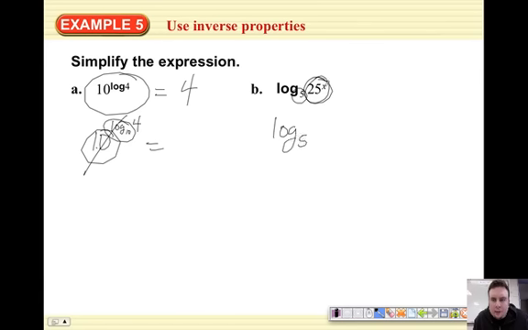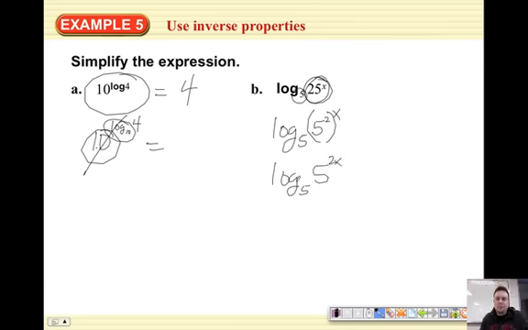Instead of 25, what's 25 the same as? 5 squared, right? But I still have an x power up here, so I'm going to put an x right here. That's 25 to the x power. Now let's simplify that a little. Log base 5 of 5 to the 2x power. You have to know your rules of exponents.